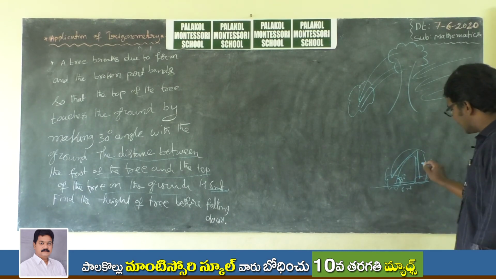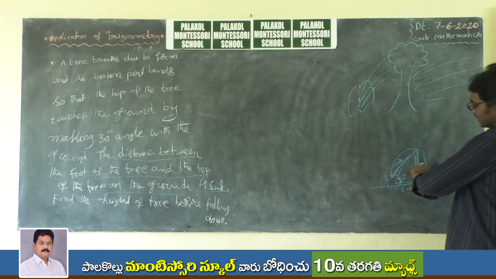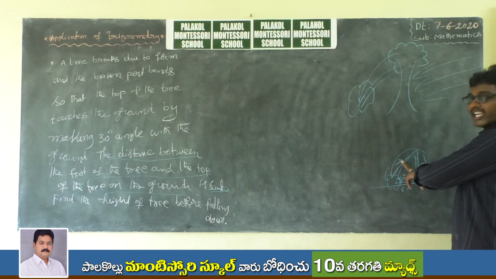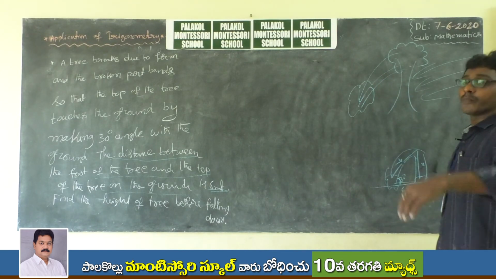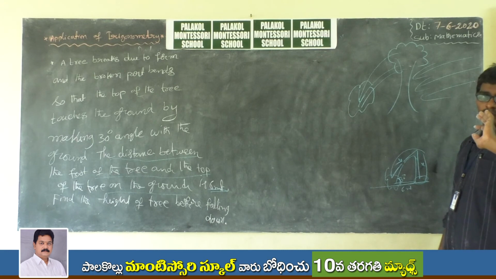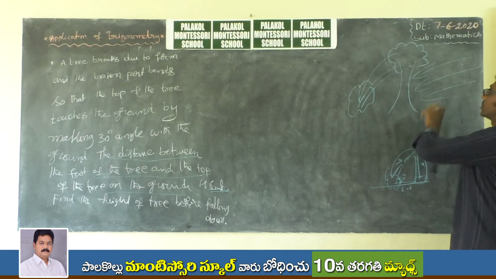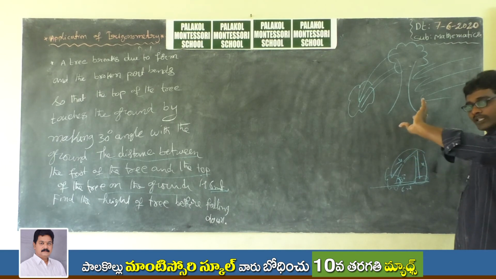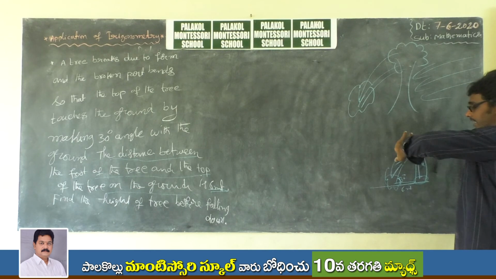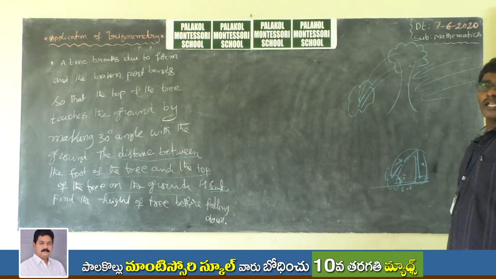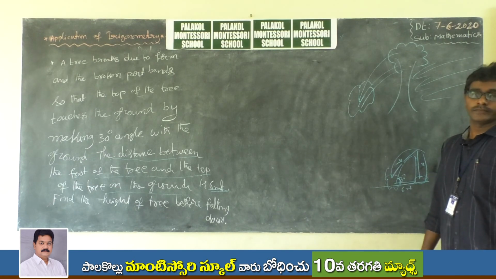Indirectly, this is x and this is y. Adding x plus y, you get the total height of the tree before falling down, because the storm breaks the tree into two parts. One part is x, the remaining part is y, and together they give the total height.